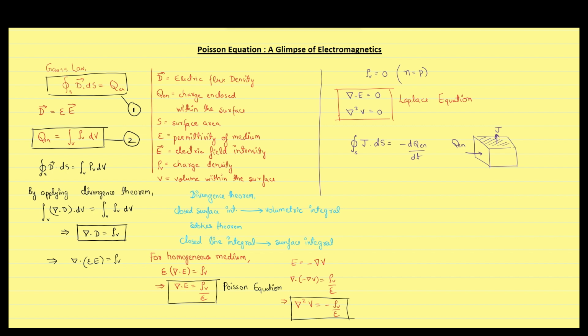We already know that the charge enclosed is equal to integral of charge density with respect to volume. Now replacing charge enclosed Qn in terms of charge density rho v, we can write, by applying the divergence theorem in the left side of the equation, we can convert closed surface integral into volumetric integral, which will modify the equation to.